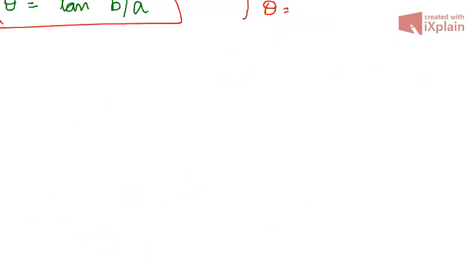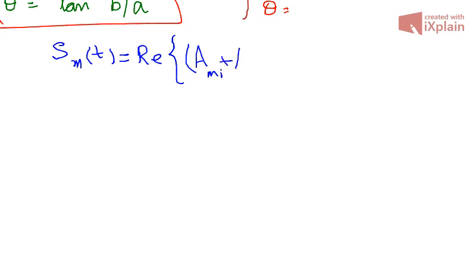Now I would like to rewrite my Sm of t, which is the real part of A_mi g of t plus j times A_mq g of t, and we had a complex exponential, which is e raised to the power j 2 pi f c t.